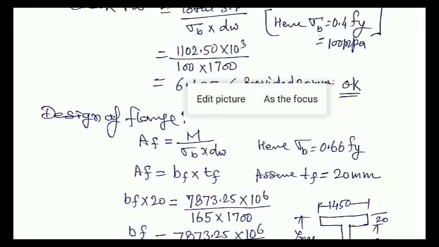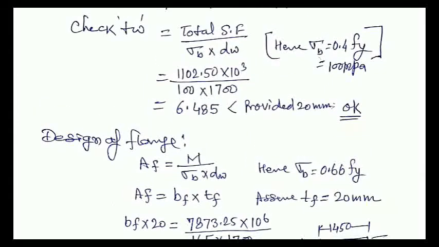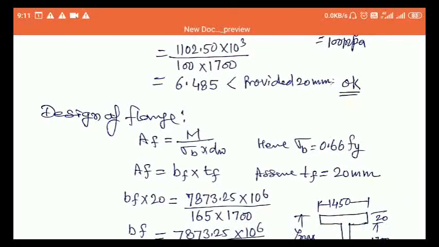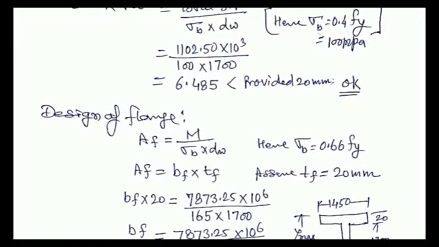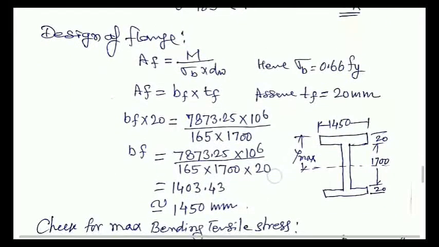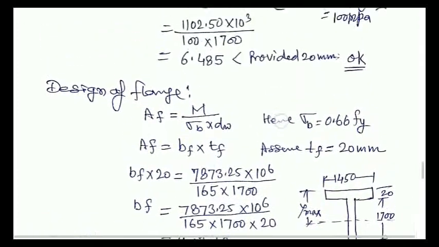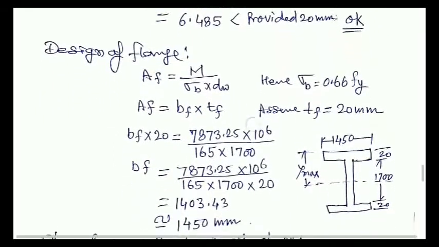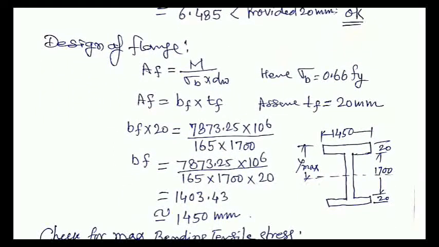The thickness of web comes out on solution to be 6.485 mm, which is less than our provided 20 mm thickness, and it's okay. If you want to improve or revise it, you may reduce the thickness of the web, but it's okay.